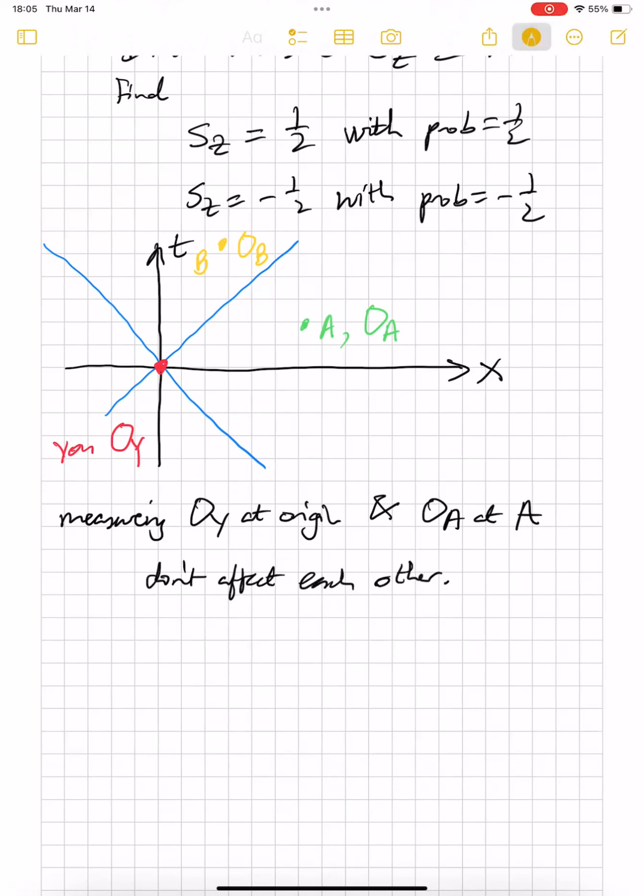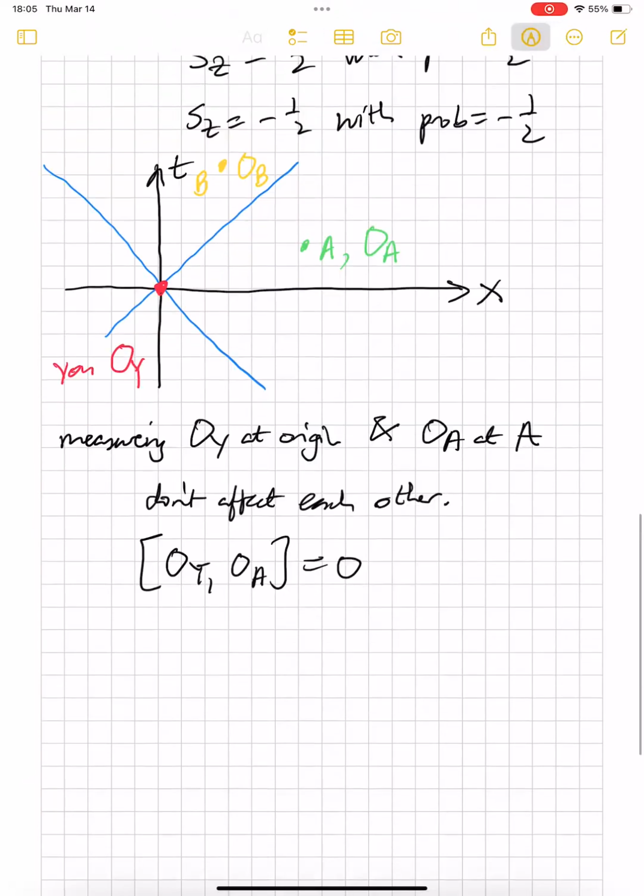If you measure O_Y at the origin, it cannot possibly affect the value of O_A, and that would mean that O_Y and O_A must commute. So measuring these two things will not disturb each other.